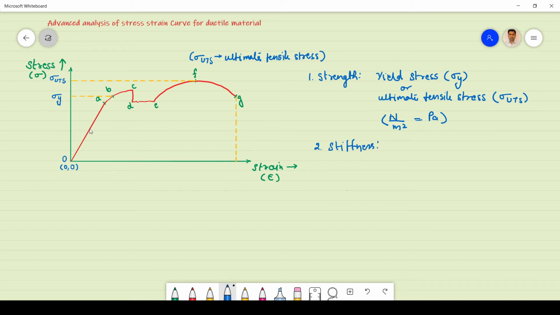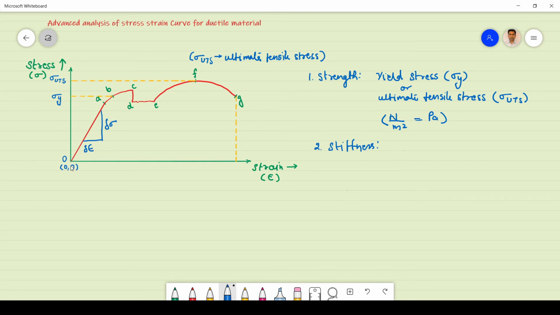Let's come to the line O to A. I am finding the slope of this line. So for that, let me draw this vertical line. This is a change in stress delta sigma, and horizontal line, this is change in strain, that is delta epsilon.